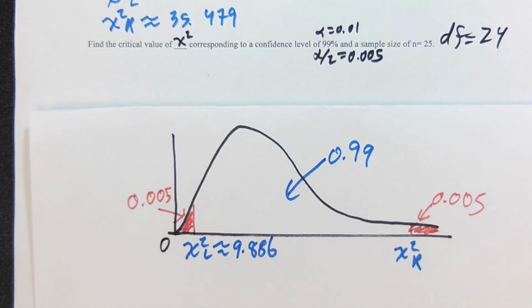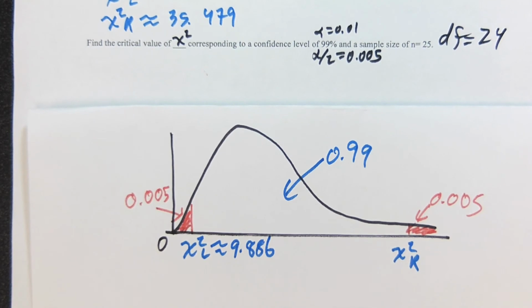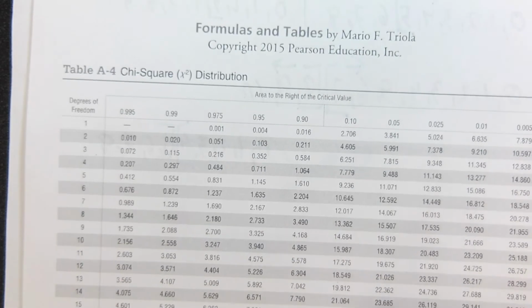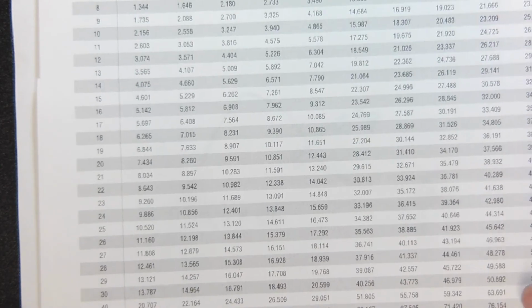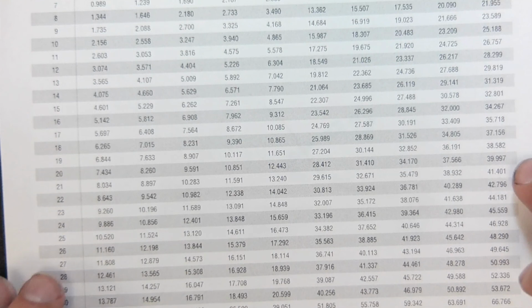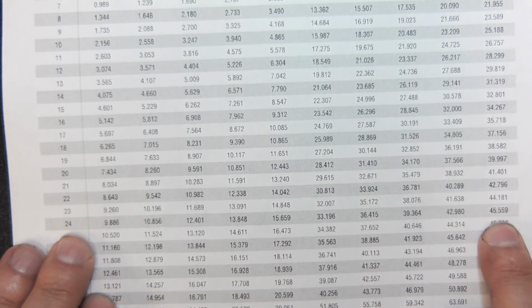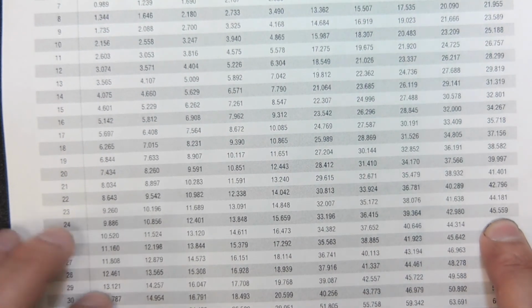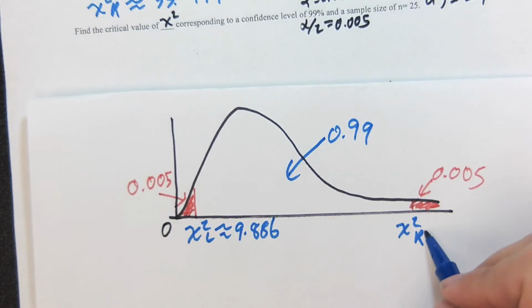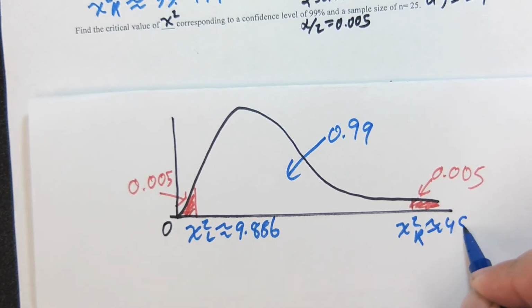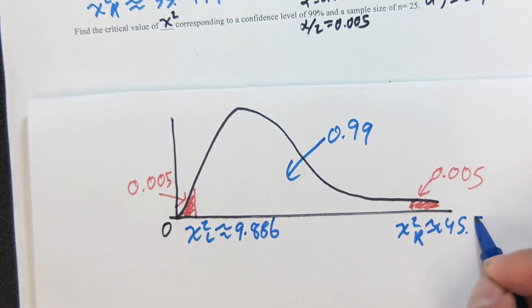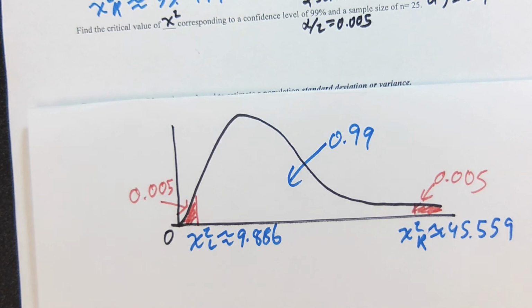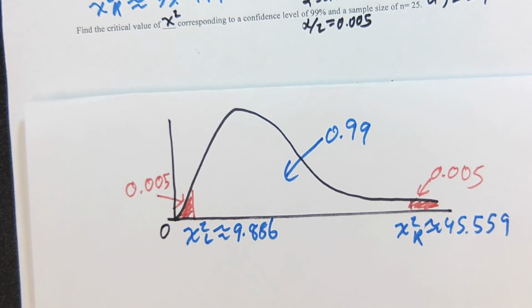And the right one, area to the right is going to be 0.005. That's way down here at the end, degrees of freedom of 24. So this is this last column here, and 24 is here. So here I'm at 45.559. So these are our critical values.